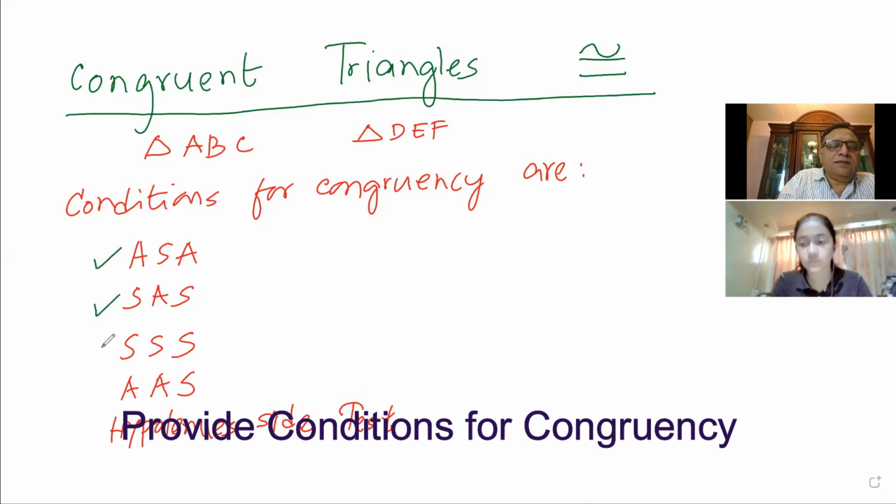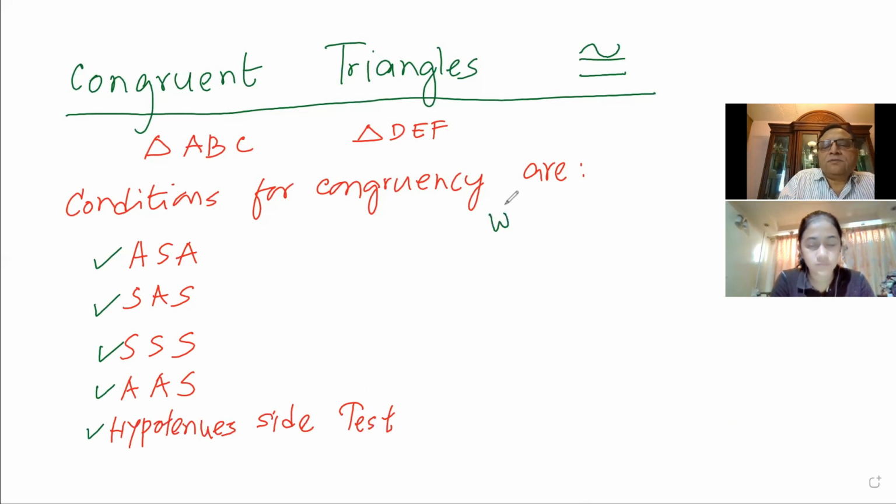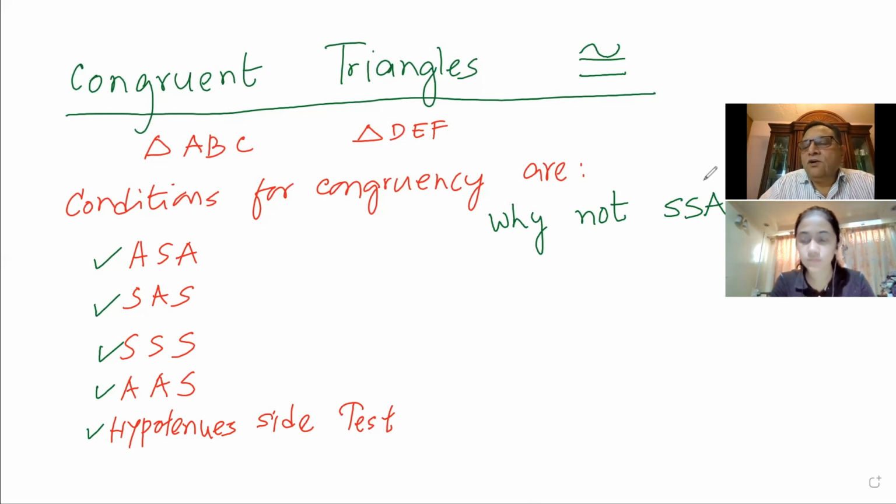Now, as you can see from this list of 5, we do not have one condition. So why not SSA? What I'm trying to say is, if two sides and one angle are equal, why are the triangles not congruent? Tell me. For example, I can just draw two triangles here.